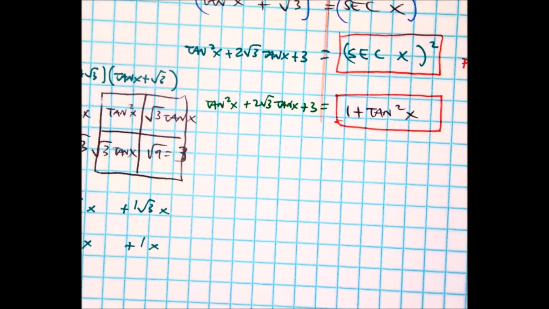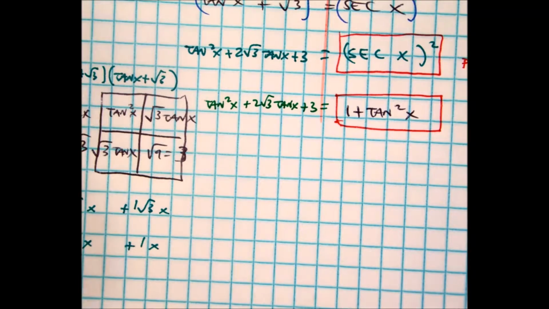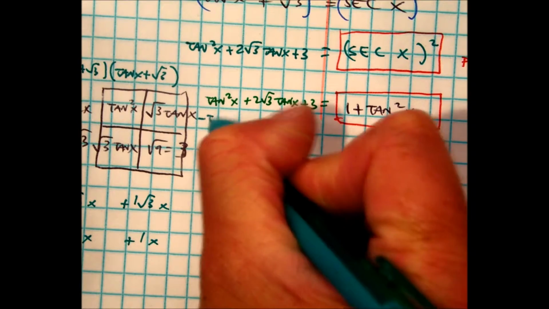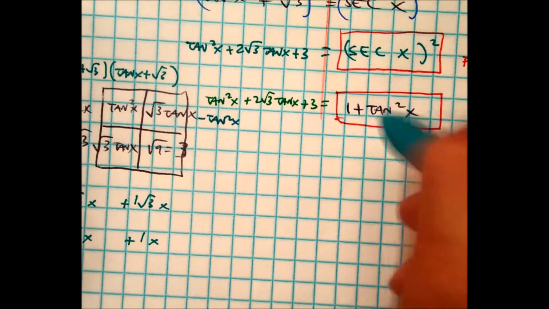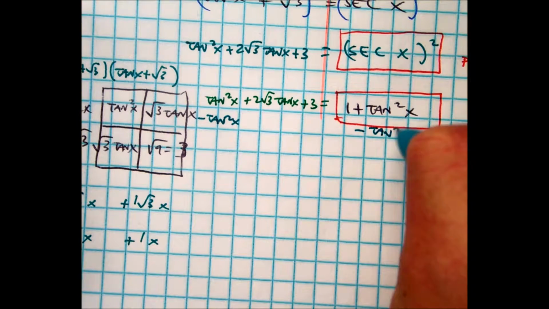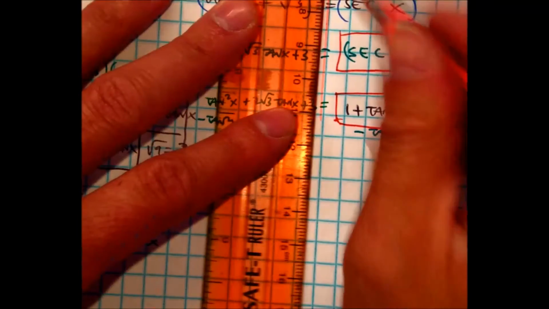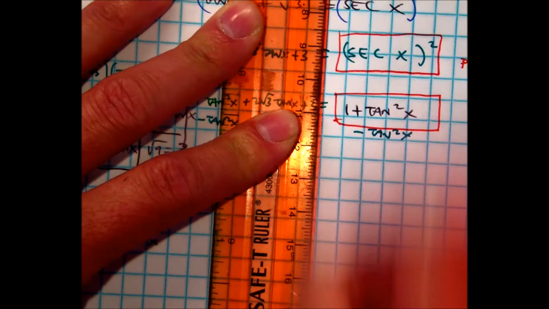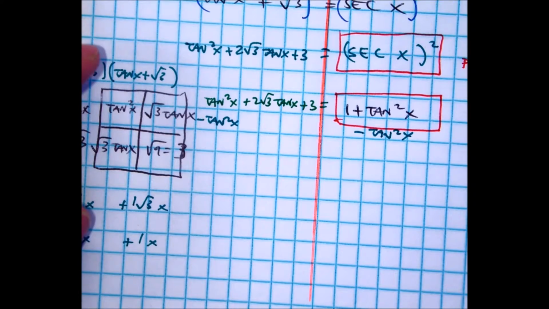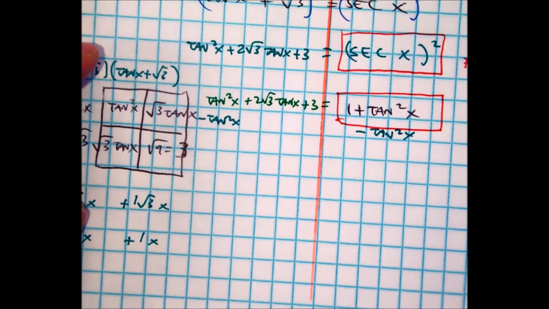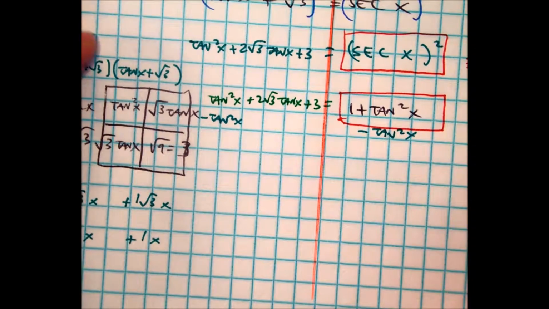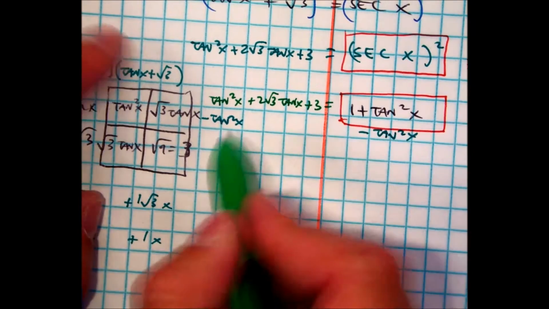Can I just move everything to one side? Can we do that? So I can subtract tangent squared x. Let's do that and see what happens.